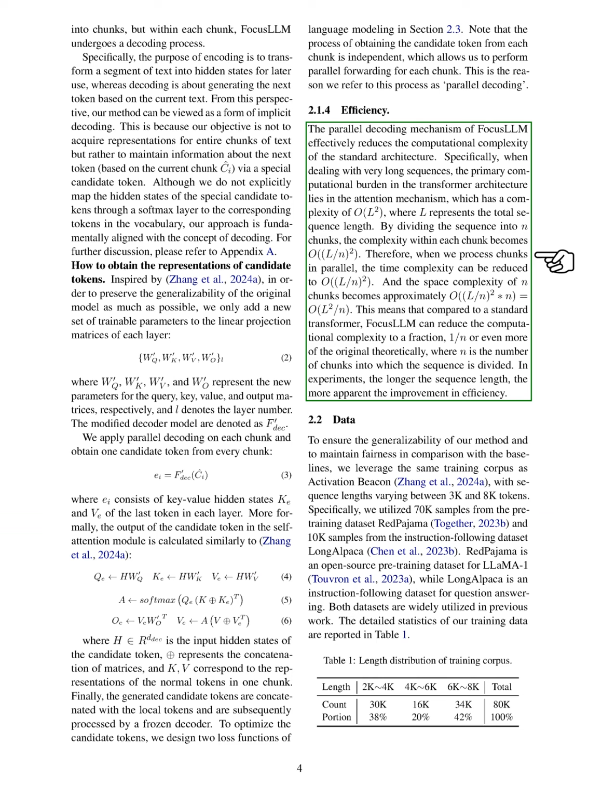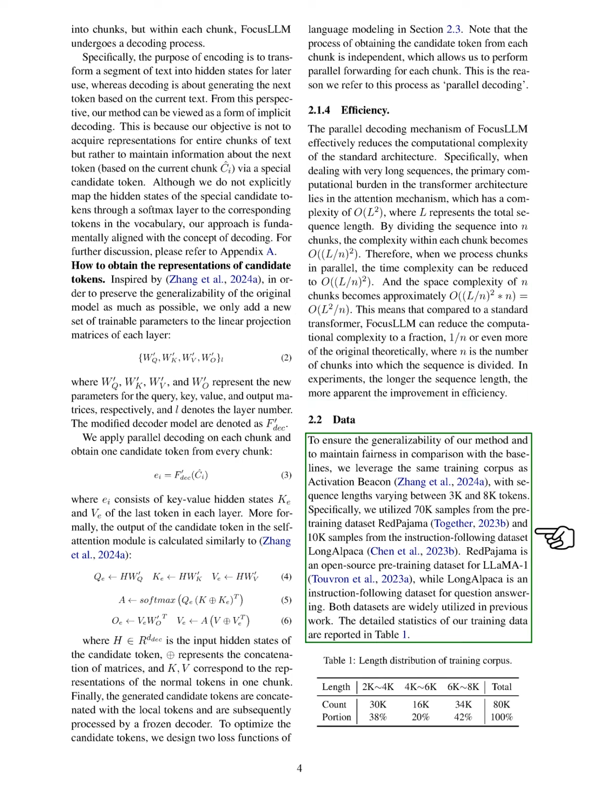This allows us to process these chunks simultaneously, leading to a much lower time complexity. The space complexity also decreases, allowing FocusLLM to operate with a fraction of the original computational load, specifically 1 over the number of chunks. Our experiments show that as sequence lengths increase, the efficiency gains become more pronounced.